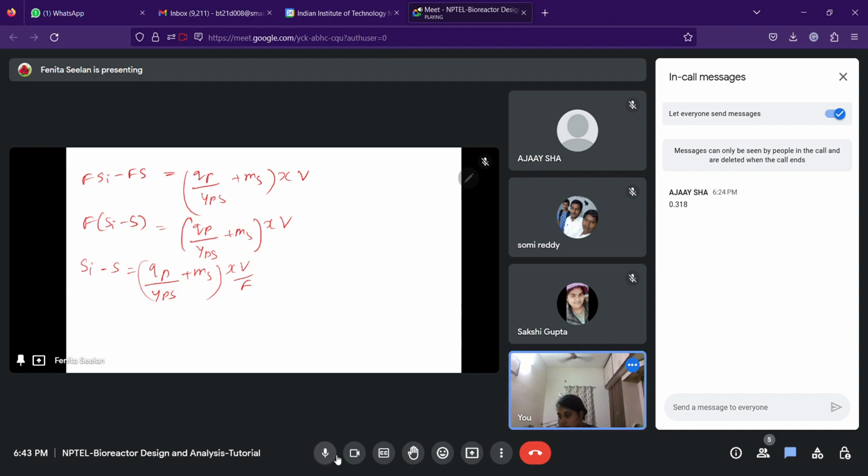So we can substitute the values which we know to find the unknown values. So here the unknown is S. The inlet of the second reactor would be 5, right?